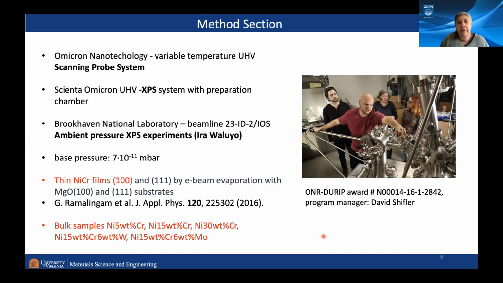We use X-ray photoelectron spectroscopy, both as a laboratory, as a synchrotron work. And in this talk, I'll mostly show you work which is done at Brookhaven National Laboratory, the beamline with Ira Waluyo and Adrian Hunt, ambient pressure XPS experiment, which introduced also a timeline as to the progression of the oxidation.